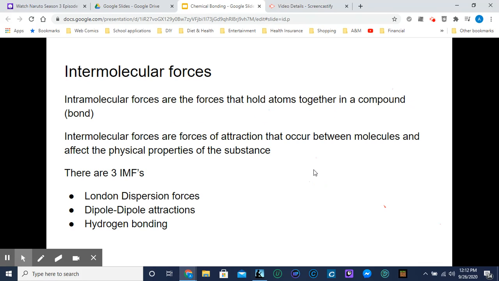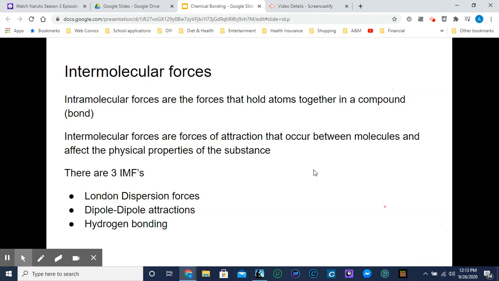All right, so we briefly talked about intermolecular forces when we were in the matter unit. And so intermolecular forces mean forces that occur between molecules, between different molecules of a sample, and that allow them to, one, stay in a certain phase.